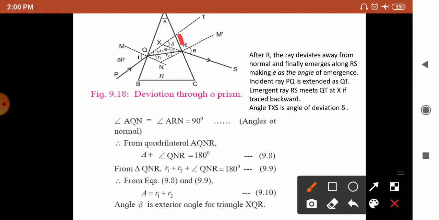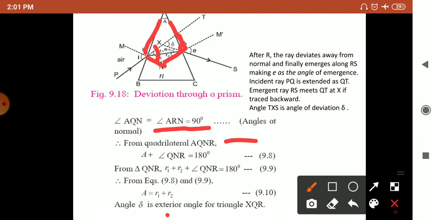So here we have this relation: angle AQN is equal to angle ARN, and this angle is nothing but 90 degrees due to the normals which we have drawn. So there is quadrilateral AQNR.